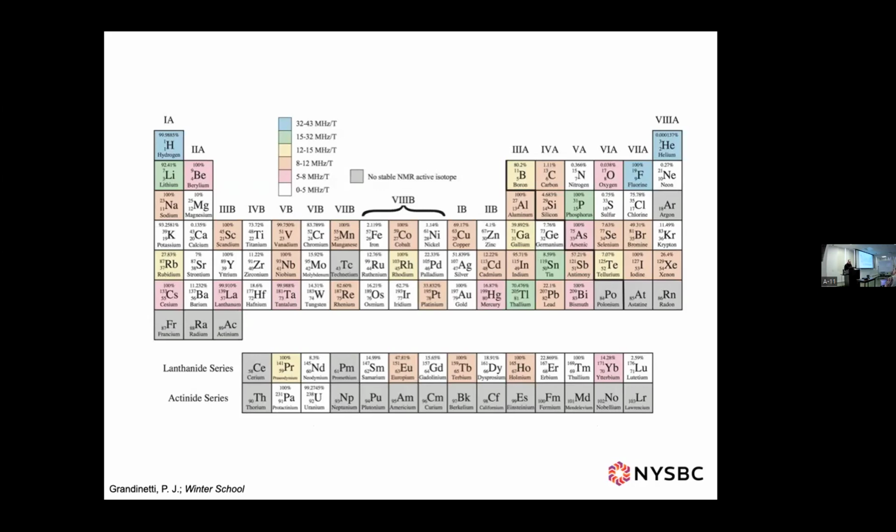Oxygen is red, 5 to 8 megahertz per Tesla, then carbon is orange, 8 to 12 megahertz per Tesla. Nitrogen isn't even NMR active in most cases, and it's really low. Most of it is N14, which isn't shown here, but it's showing the one most people use. This potassium one here is in white, so 0 to 5 megahertz per Tesla.